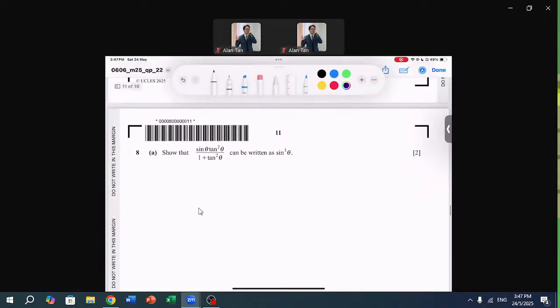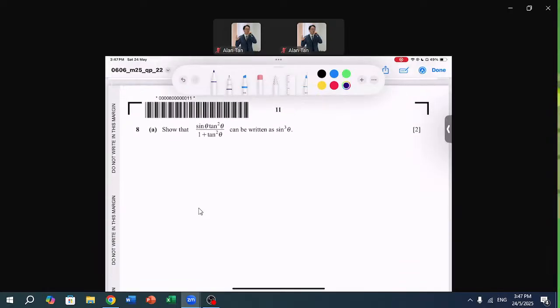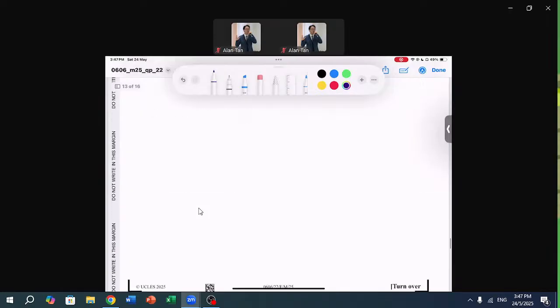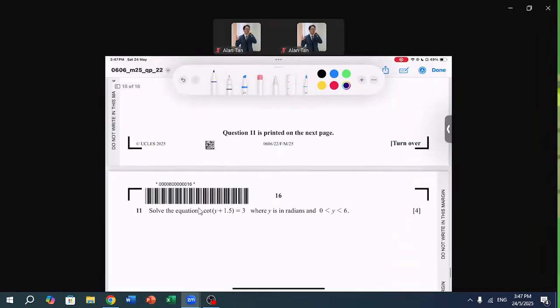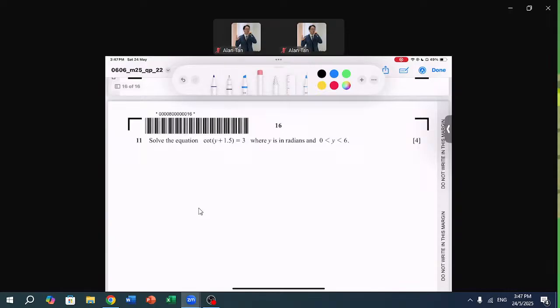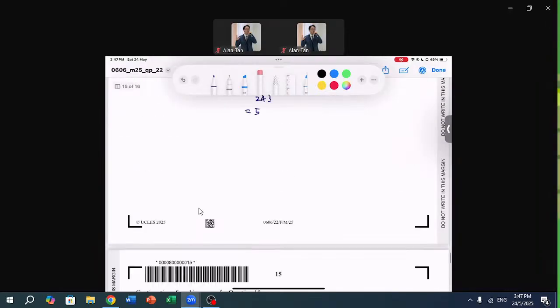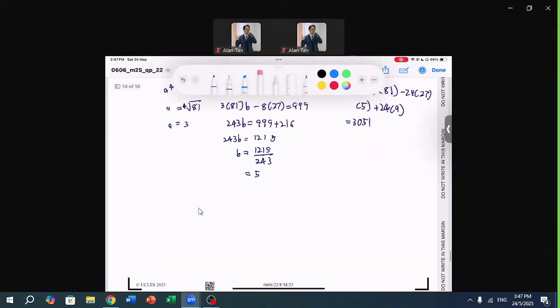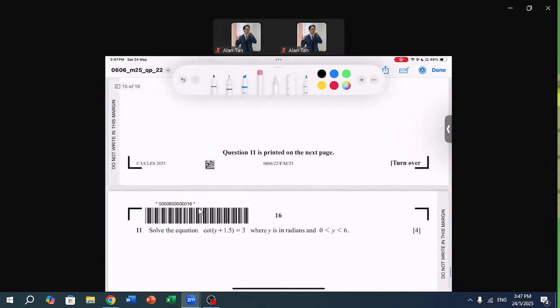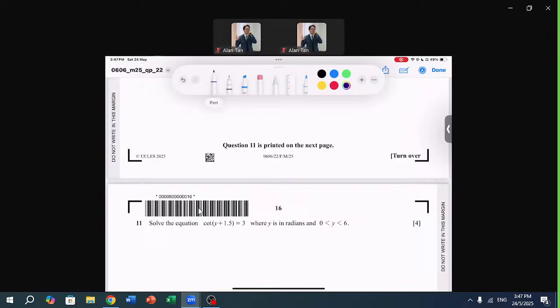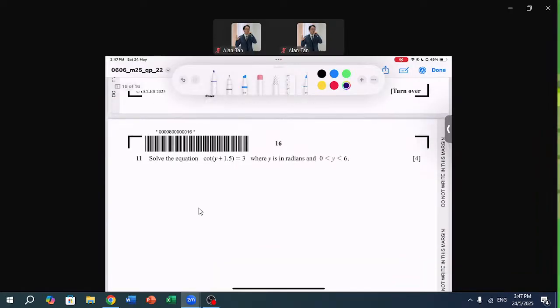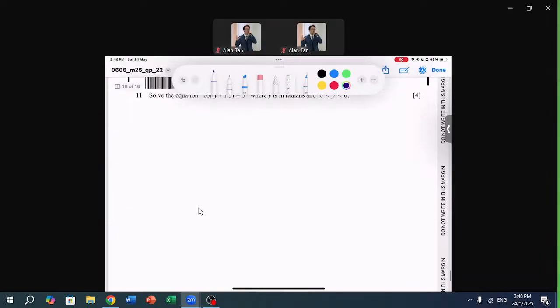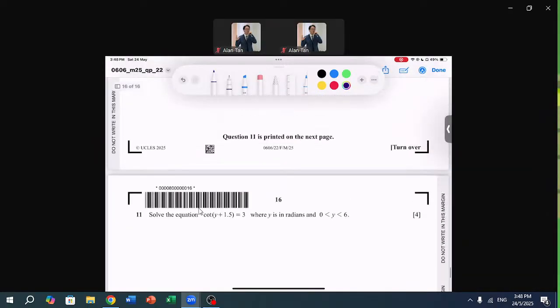So let's come over to this question. Sine theta tangent square theta. Or maybe let's do the simpler cotangent over at the bottom. Cotangent y plus 1.5. 1.5 is nearly the entirety of a quadrant, so we need to be a bit careful. So very quickly, the range is 0 to 6.